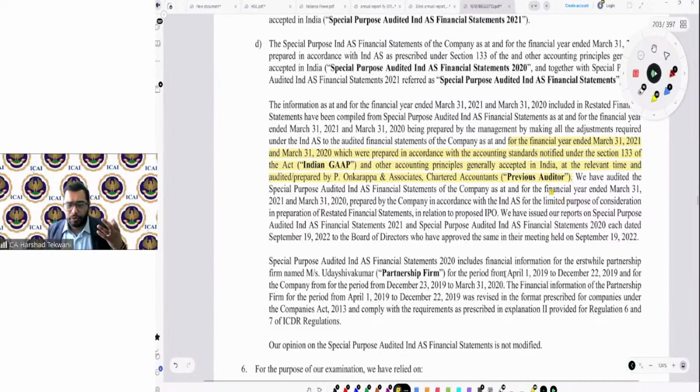So they are mentioning that it was audited by the previous auditor, and accordingly they have included that information. They are referring to the opinion issued by the previous auditor. Okay, yes, Purvi.